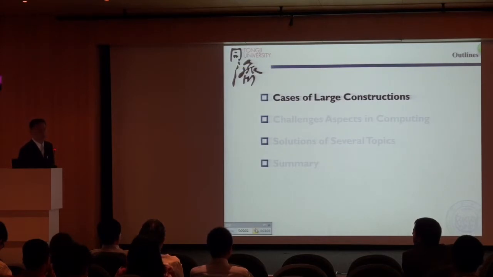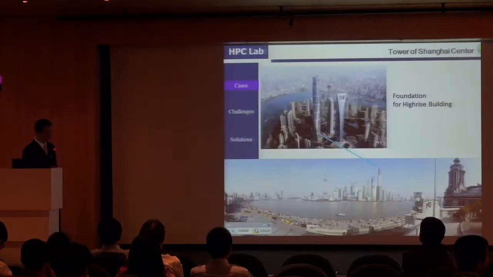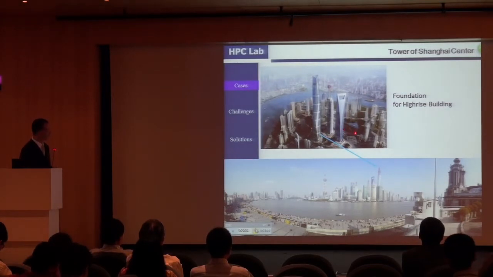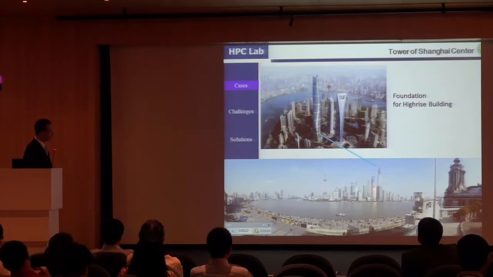For the cases of large construction, we found there is a lot of construction of high-rise buildings happening worldwide, not only in China, but also in other countries. This figure shows the construction of the Shanghai Tower.